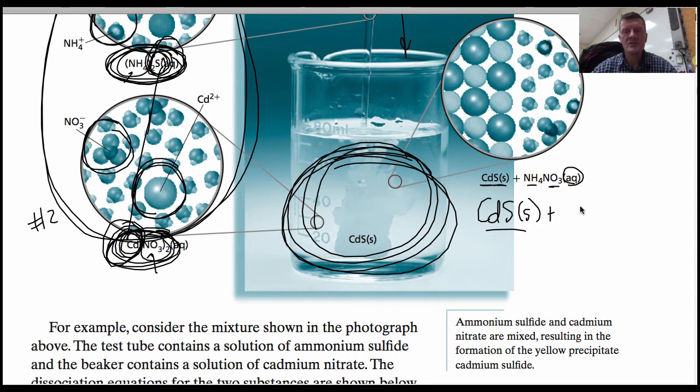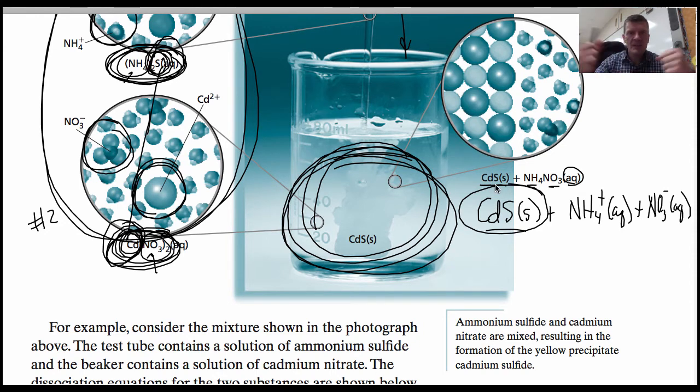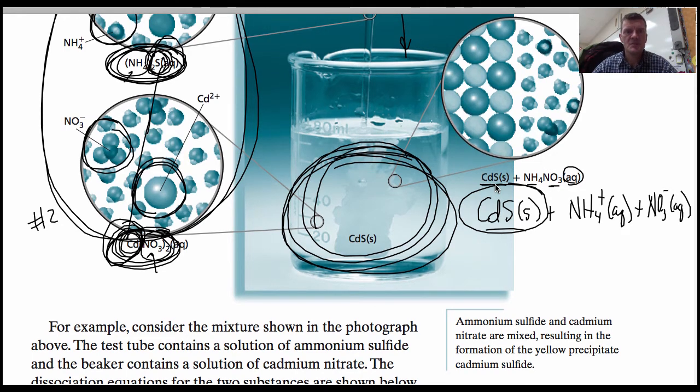And then also in the solution, you've got the ammonium ion, aq, and you've got the nitrate ion, aq. They're still separated. They don't come together and form a compound, a solid. They stay hydrated in the solution. But this cadmium sulfide right here, they come together, they hold on to each other so strongly that water can't separate them, and as a result, you see the solid as a precipitate. Okay?